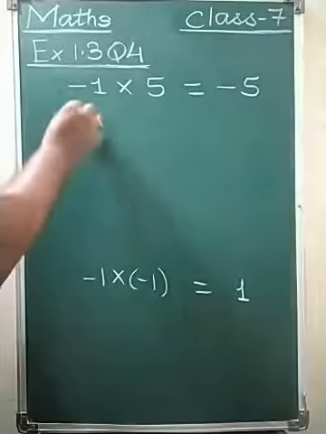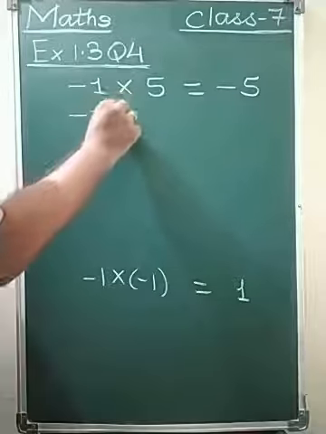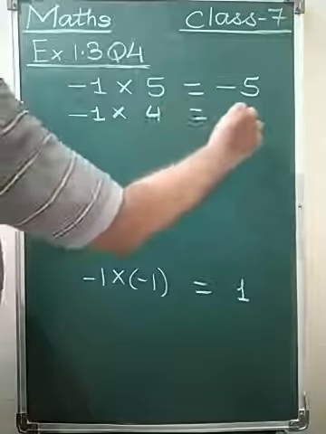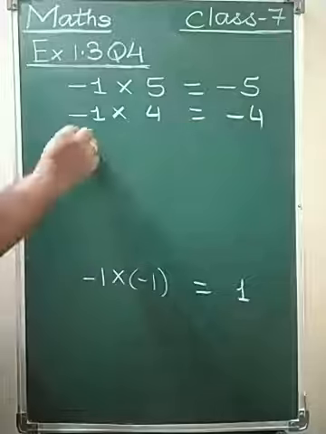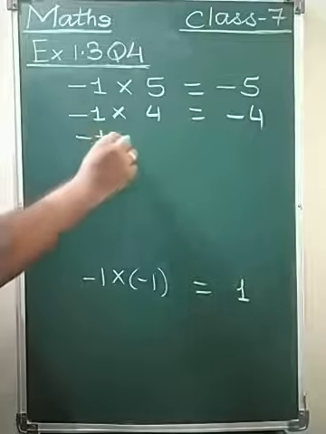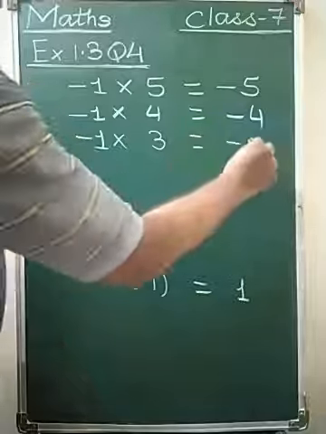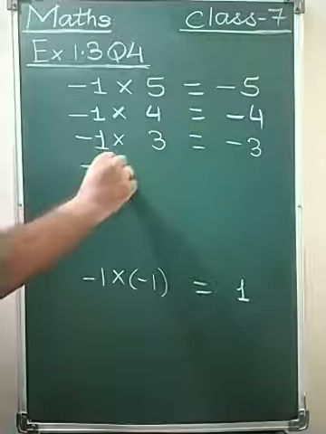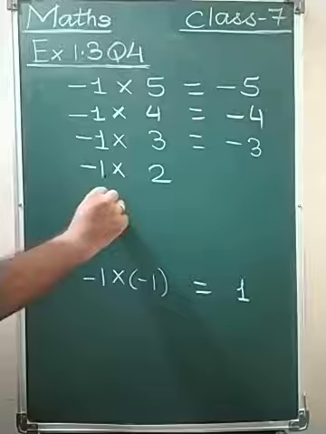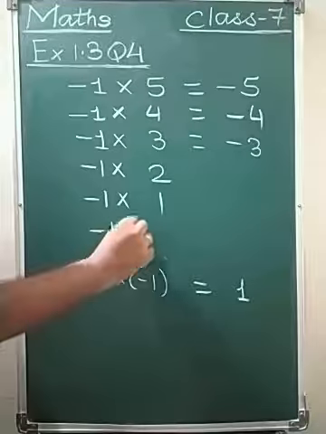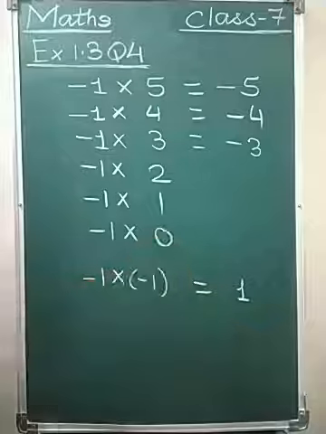So minus 1 multiplied by 4, our answer would be minus 4. Again minus 1 is common, multiplied by 3, so the answer is minus 3. Minus 1 multiplied by 2, minus 1 multiplied by 1, minus 1 multiplied by 0.